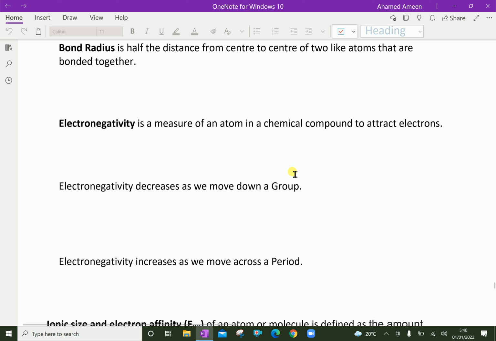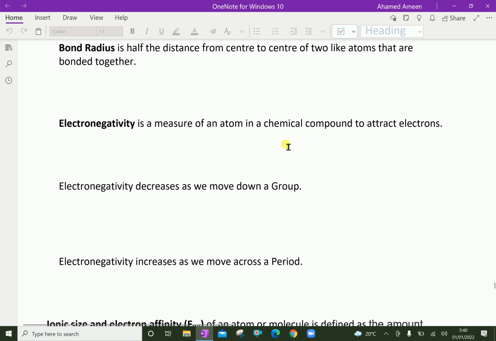Pauling made a scale of numerical values that reflect how much an atom in a molecule attracts electrons, called electronegativity values.